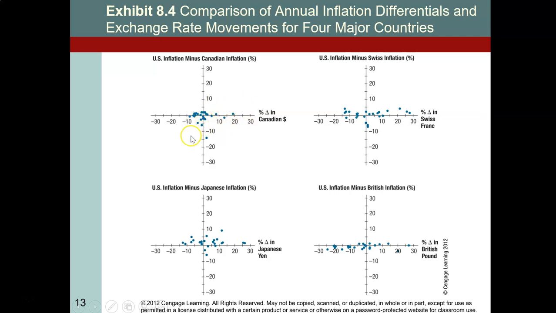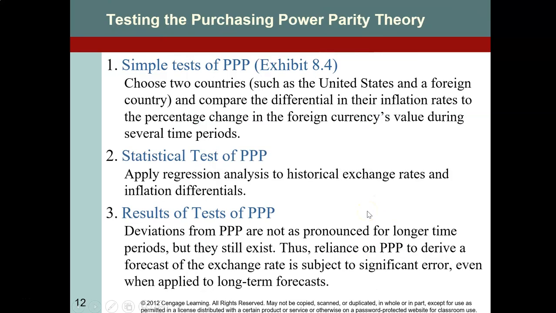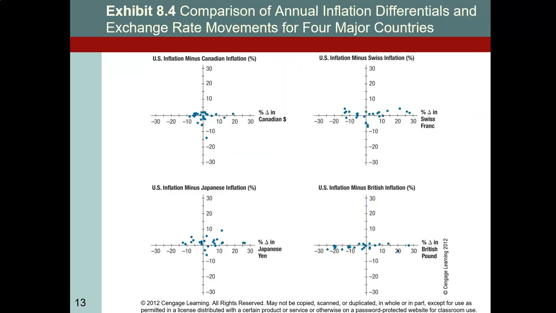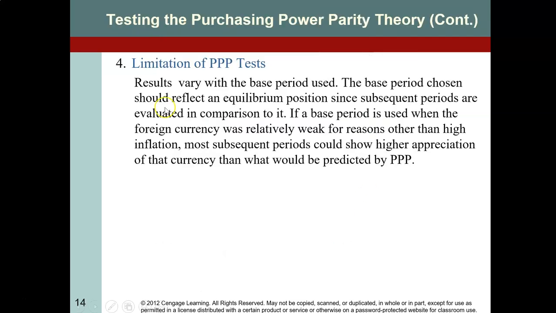We can see that it's not perfectly the line that we expected. It's not the upward sloping y equals x line. So for Switzerland, Japan, and Great Britain, all the similar regressed lines are not the ones that we expected. Okay, there's an error in the test.